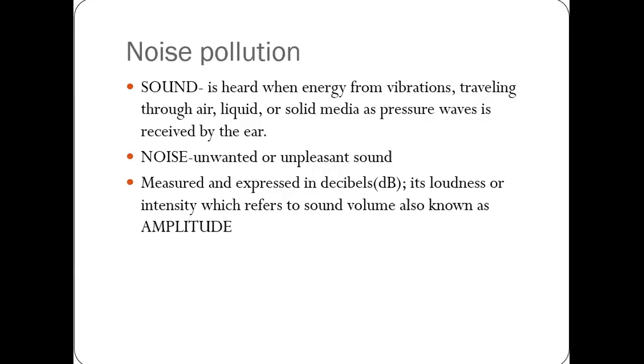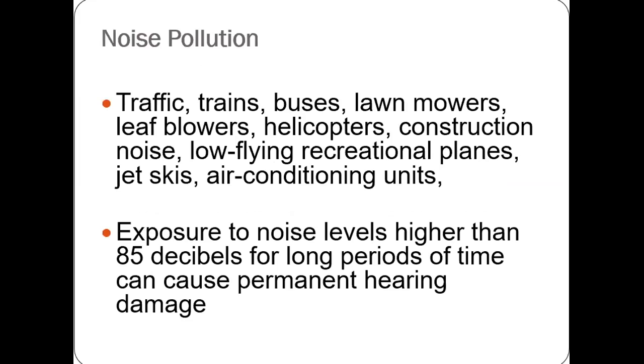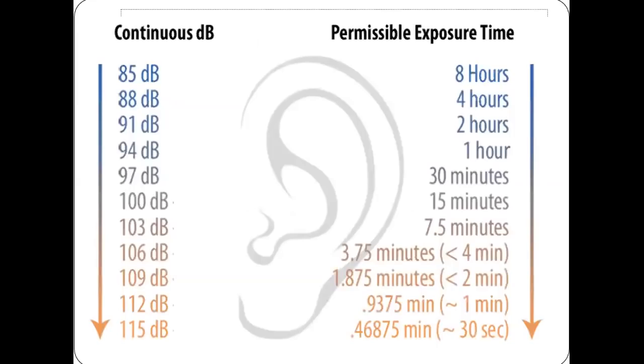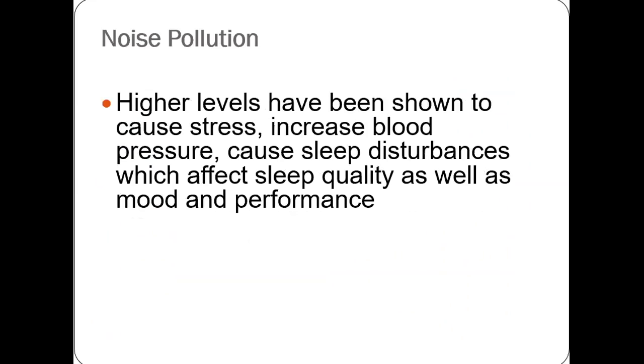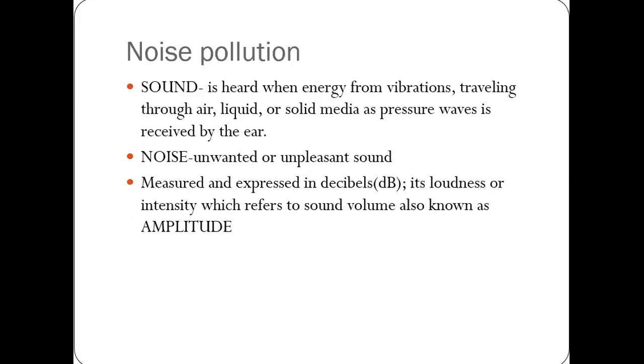So a sound can be a noise, take note of this, if it is more than 85 decibels. So a sound becomes a noise if it is more than 85 decibels.